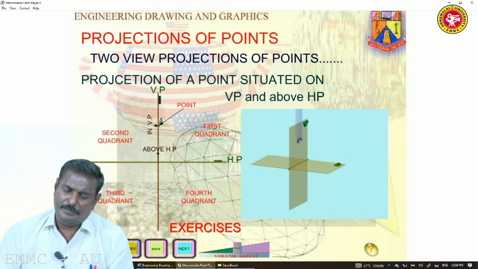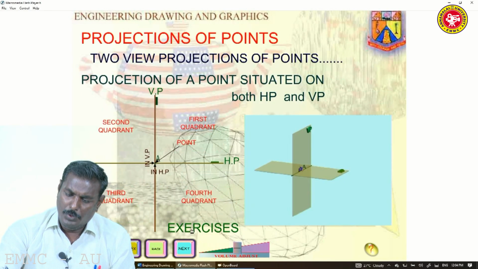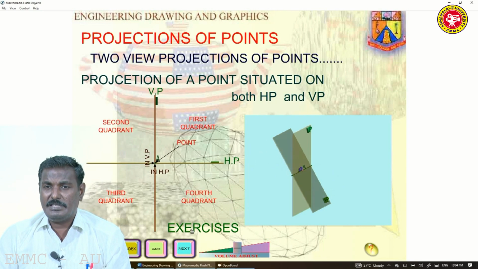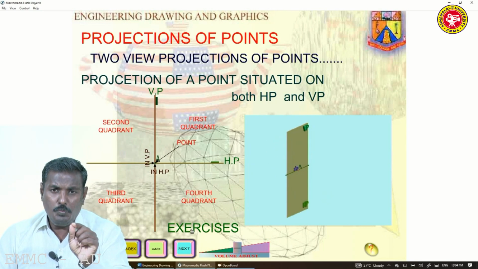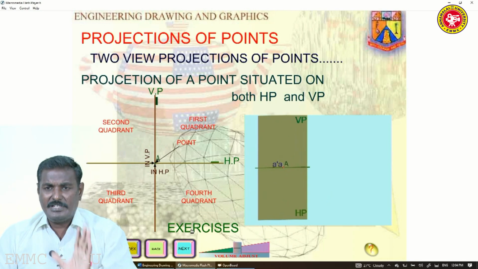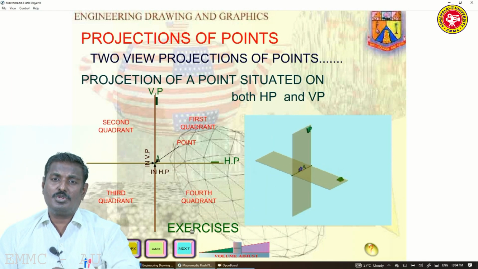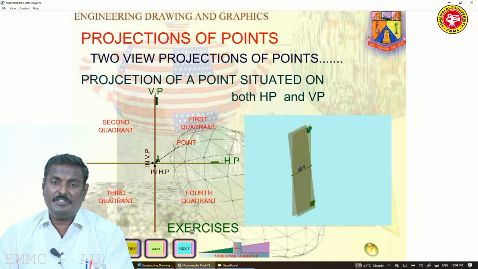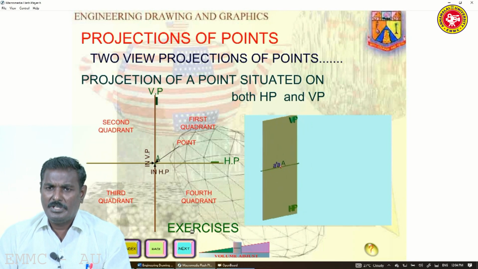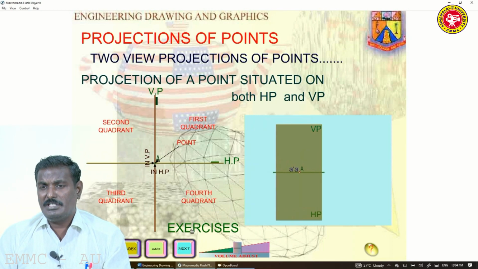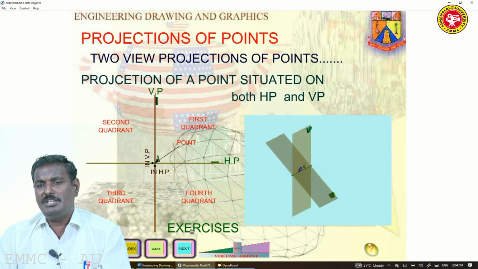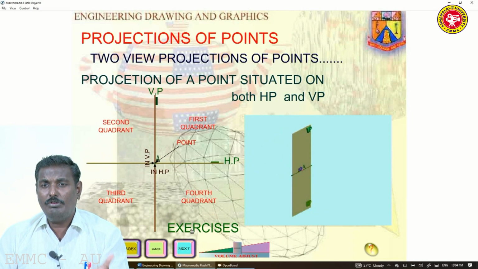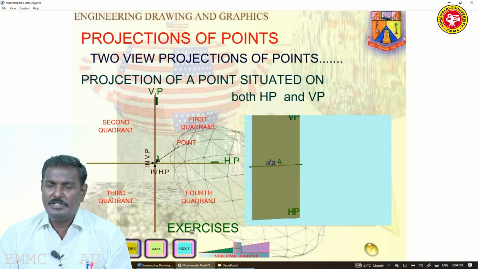That is the concept here. If the point is in both planes, the true point lies on the reference line, at the intersection of the reference planes. Then A as well as A dash all lie in the same position.